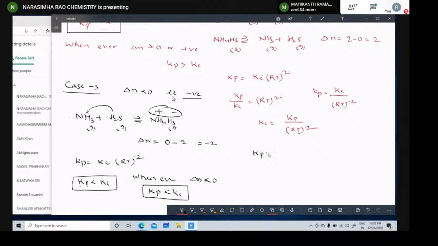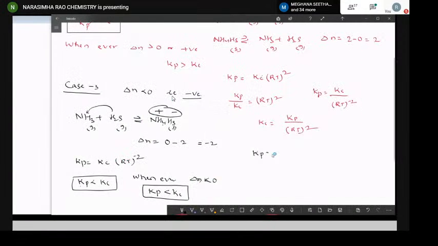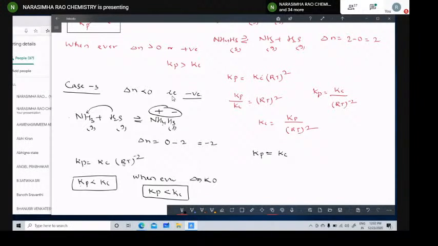Now Kp is equal to Kc by (RT) whole square. Now Kc is equal to Kp into (RT) square. It's clear, children?